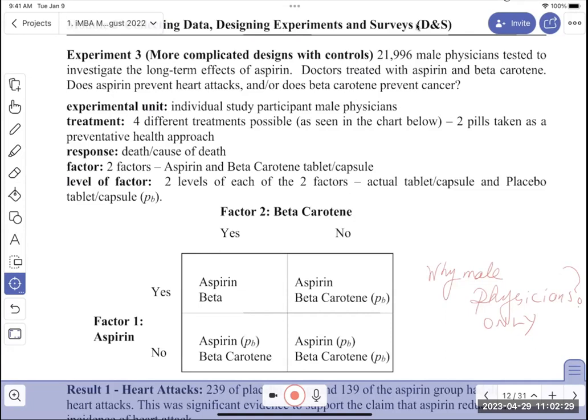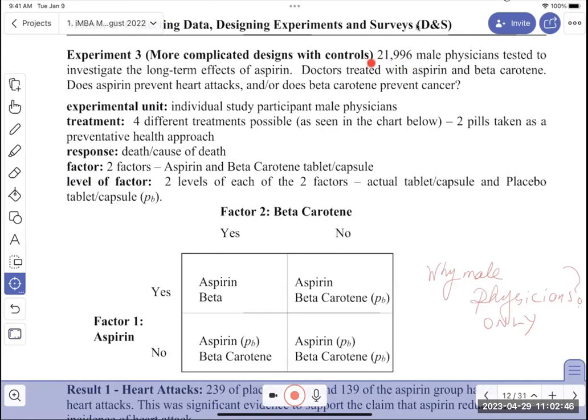For this study, they had almost 22,000 participants. So they figured out they needed 22,000 to draw meaningful conclusions.